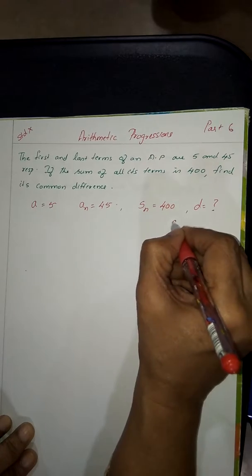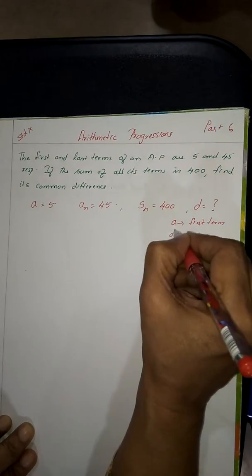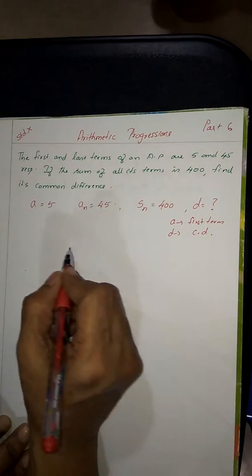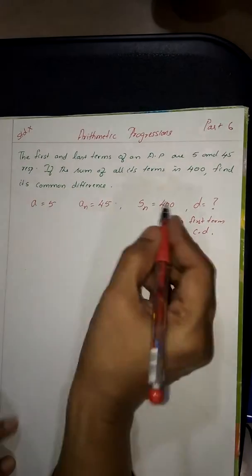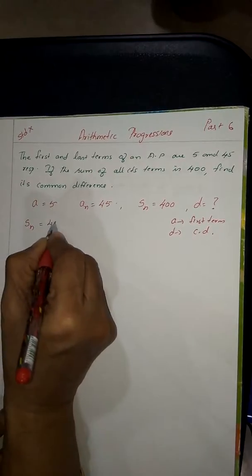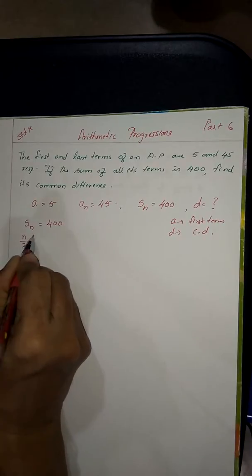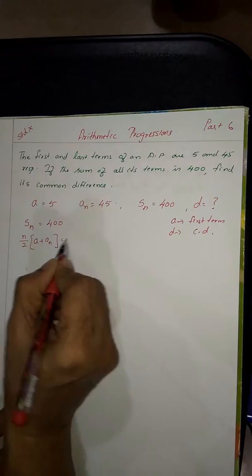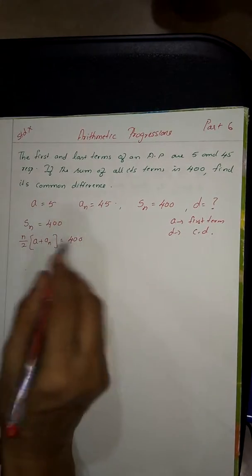So let us assume A is the first term and D is the common difference. Sn is 400 is given, so we will start with Sn is equal to 400. Sn is n by 2 into (A plus An), which is equal to 400. We do not know n.